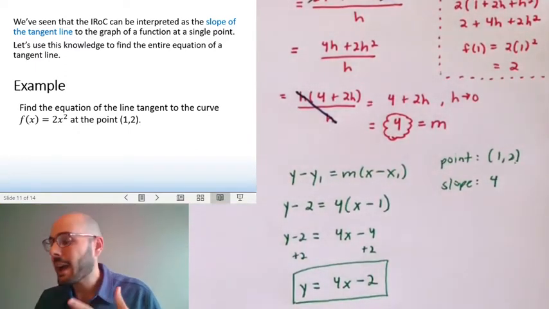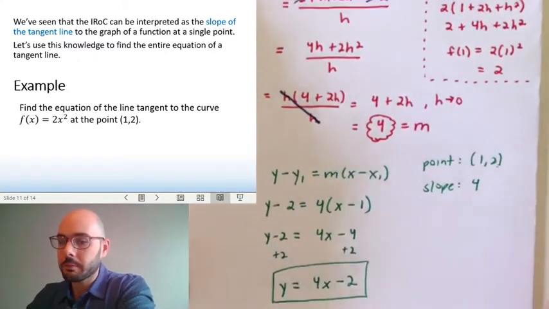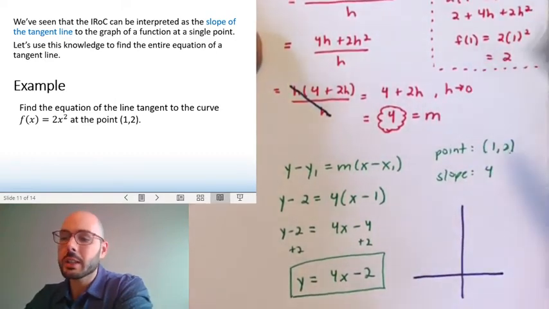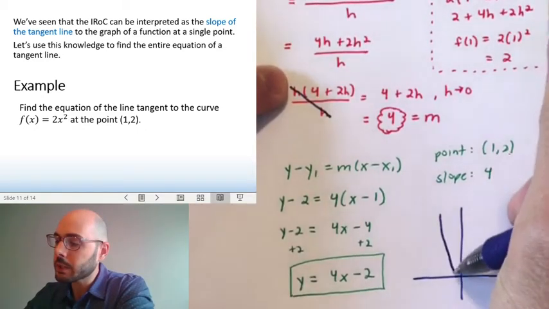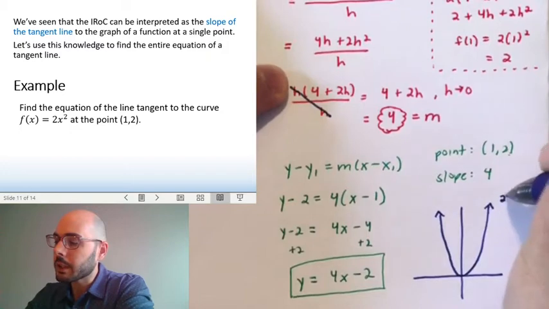If you were to graph 2x squared, maybe I'll do it. I love graphing. It's not too bad because we also know what 2x squared looks like. It's a parabola, it's just been stretched a little bit. So 2x squared maybe looks like that. So that's 2x squared.